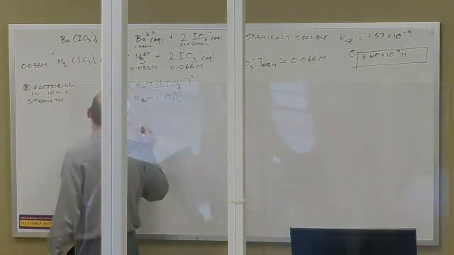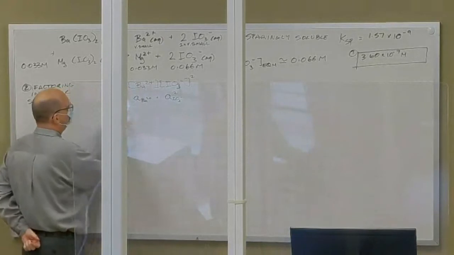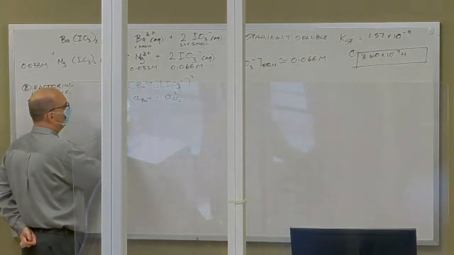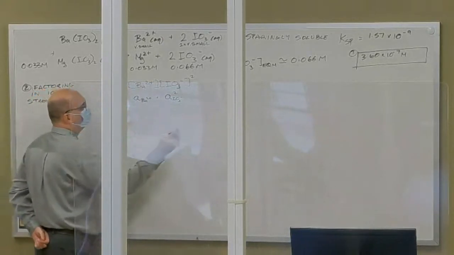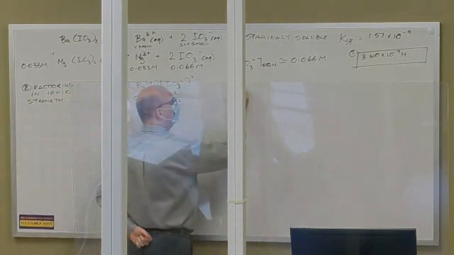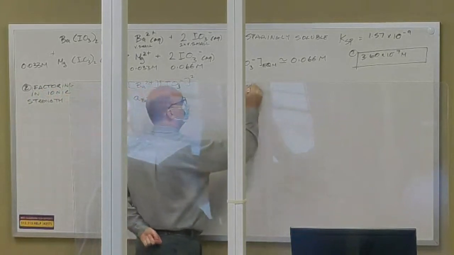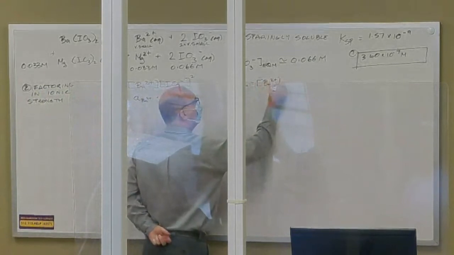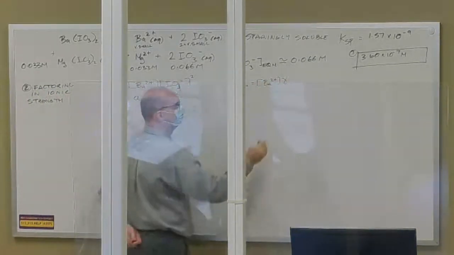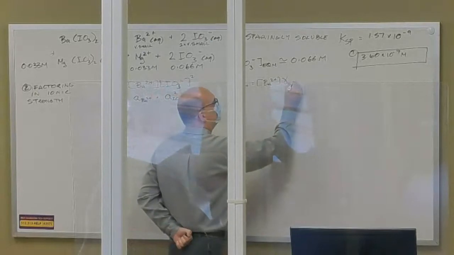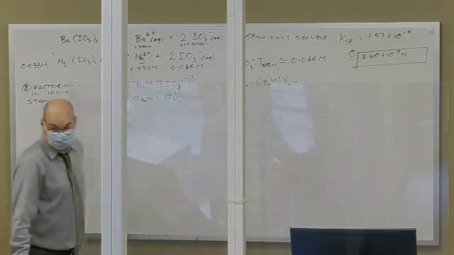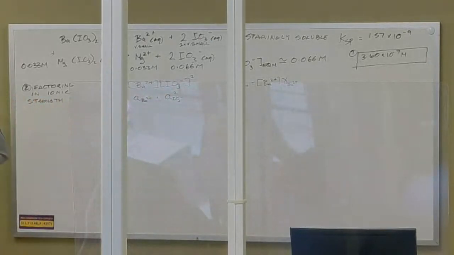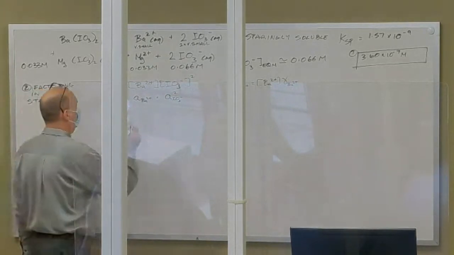And I also know that activity of anything is equal to the concentration of that thing times its activity coefficient. So the activity coefficients are the factor that changes our numbers here.